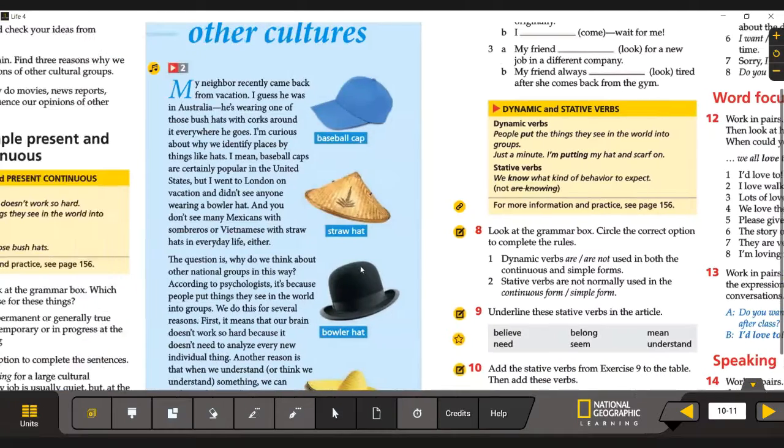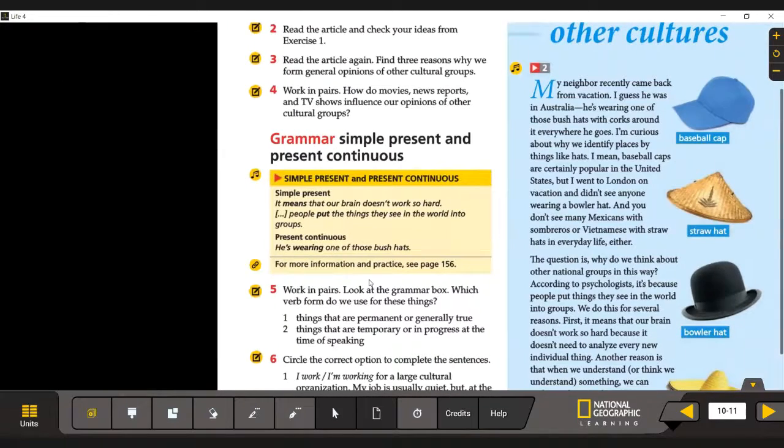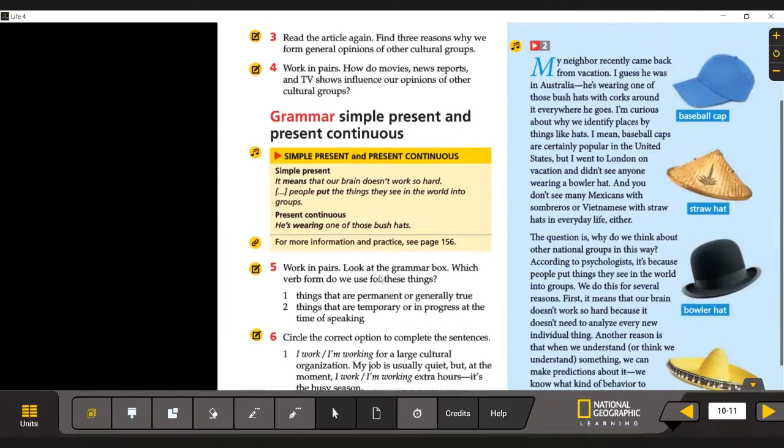Well, okay. Then, continuing with the simple present and the present continuous differences.